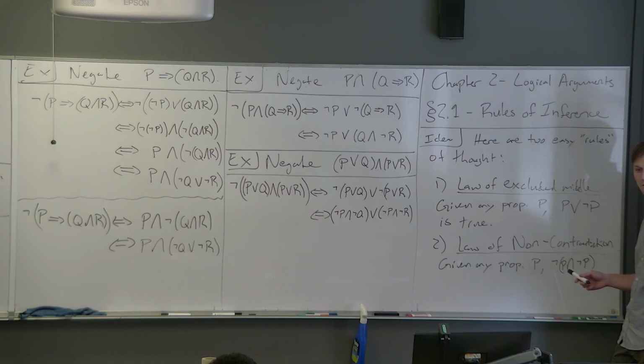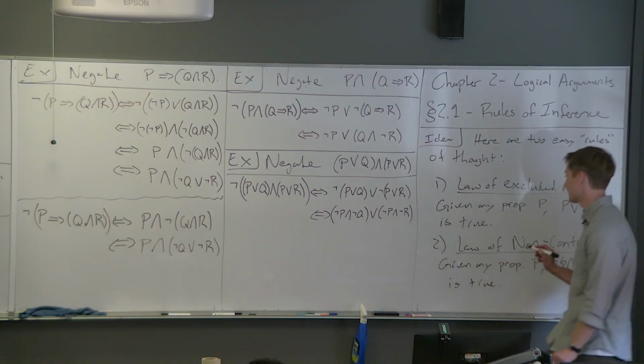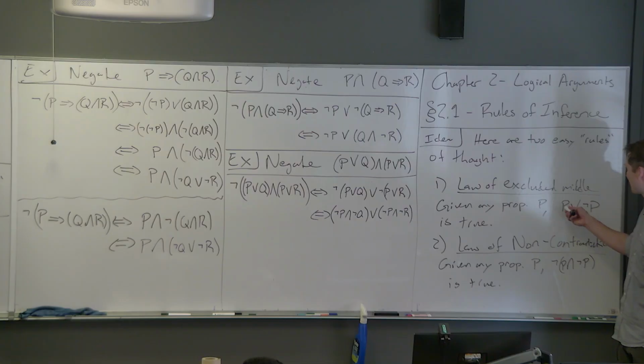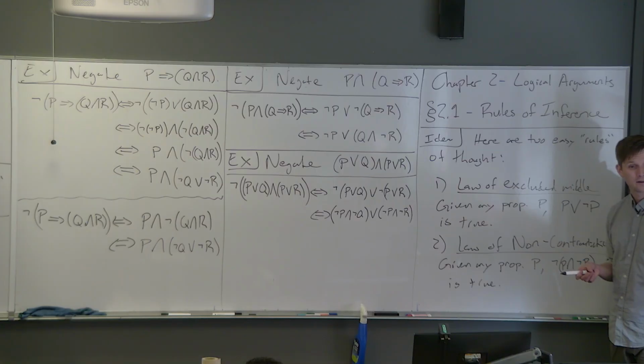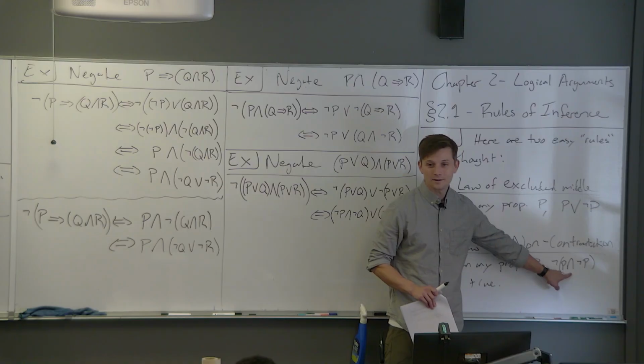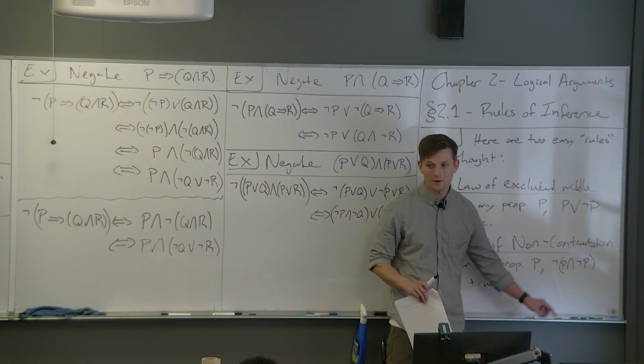You see perhaps how these two are related? That is, if you accept the law of excluded middle, do you automatically accept the law of non-contradiction? Yeah, right? De Morgan's, right? If I express this P or not P as a not, then I can pull out a not to the outside. And when I pull out a not, I flip that or to an and. So they're just the same thing, one application of De Morgan's away from each other.